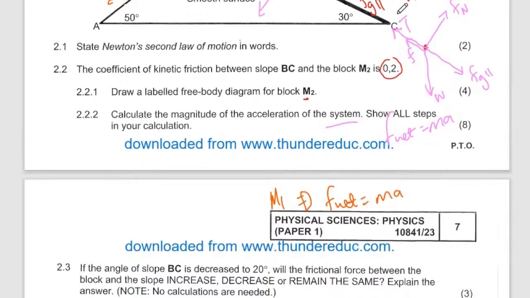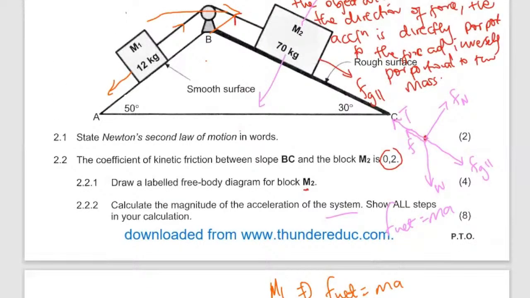Then that's going to be the tension minus the FG parallel must give us the MA.